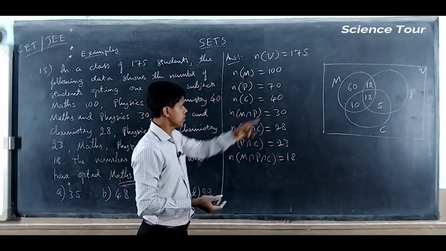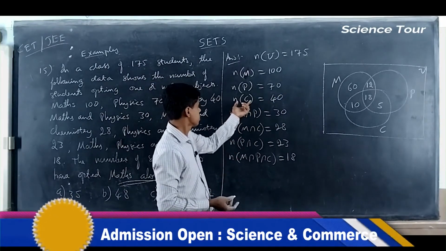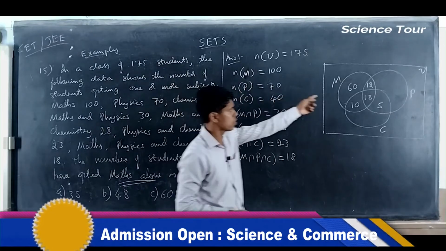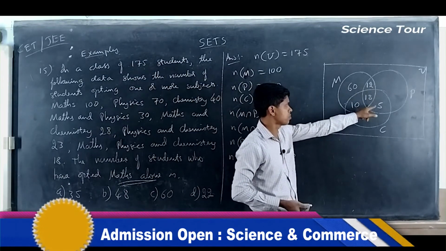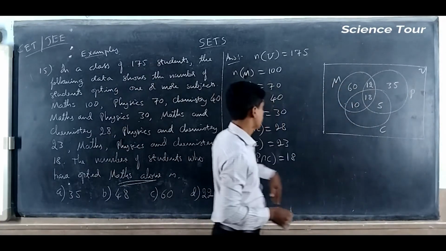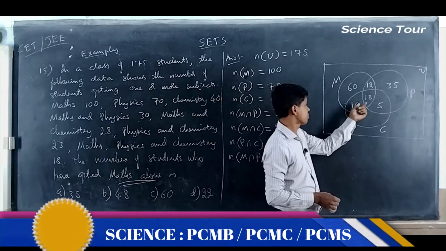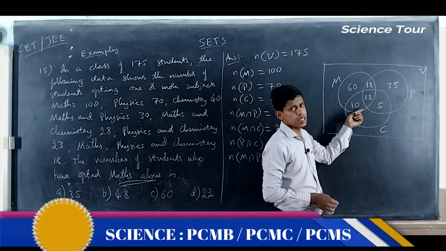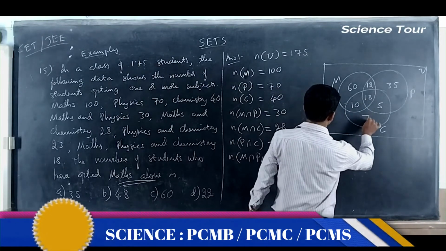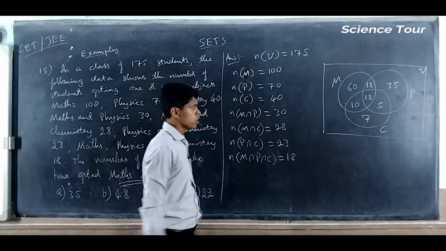Well, if you want to fill the Venn diagram and finish it, what is n of P? That is 70. Out of 70 you have to subtract 35, and then n of C is 40. Out of 40 you have to subtract 33. So this is only 7. Well, now what you had to find?